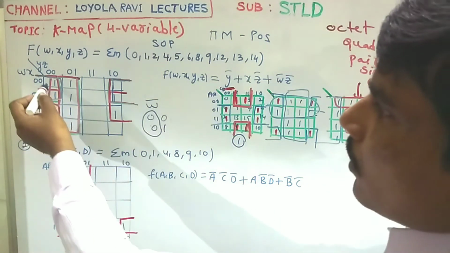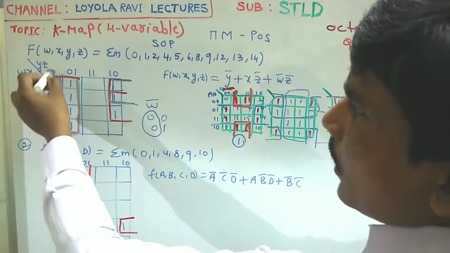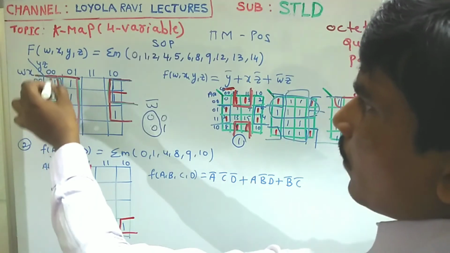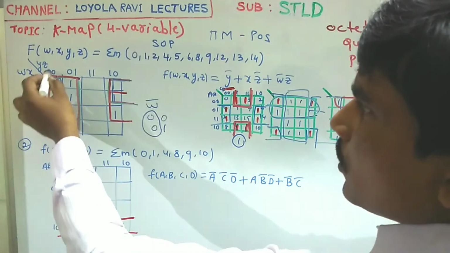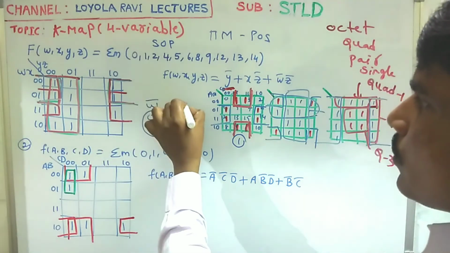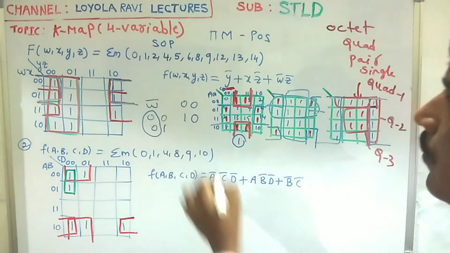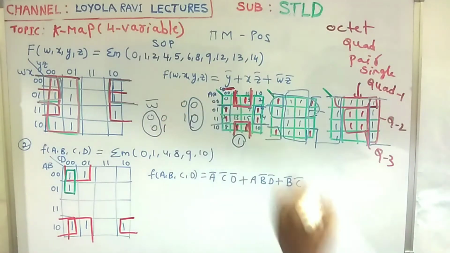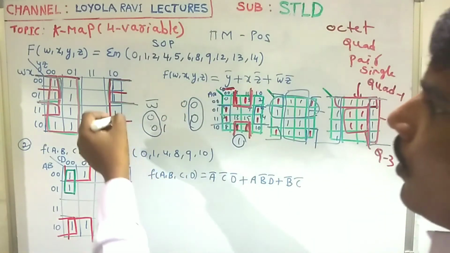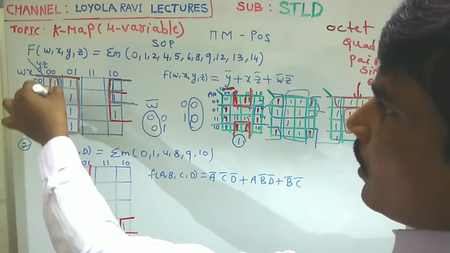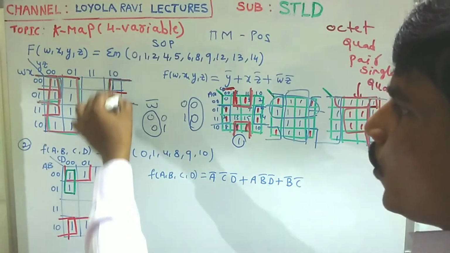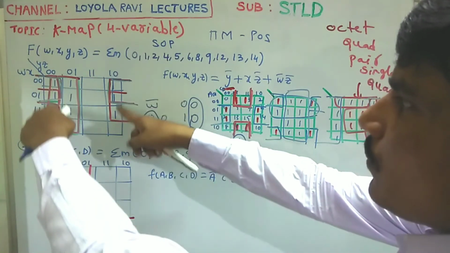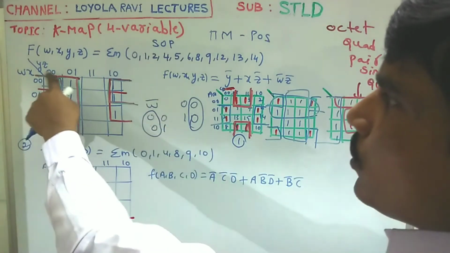And in the same manner, vertically, this is one pair, this is another pair. 0 0 1 0. 0 0 1 0. Which one is coming? 0 0 is coming. This is common. Second variable is common. In the vertical line, here we are taking 2 pairs, here we are taking 2 pairs. That's why for these 2 columns we have 0 0 1 0.